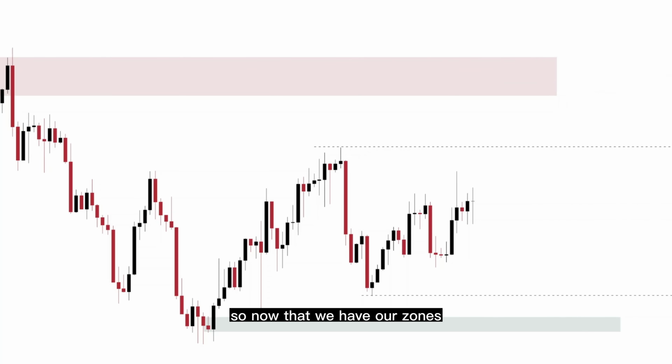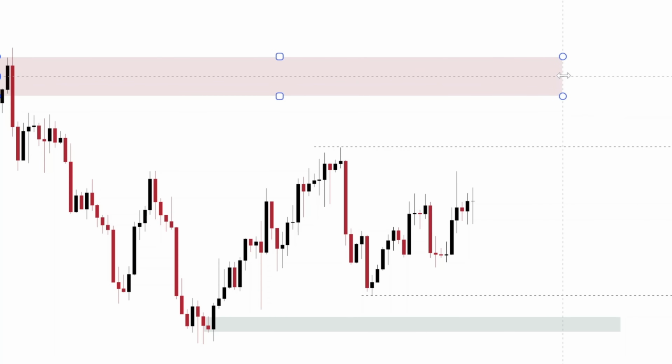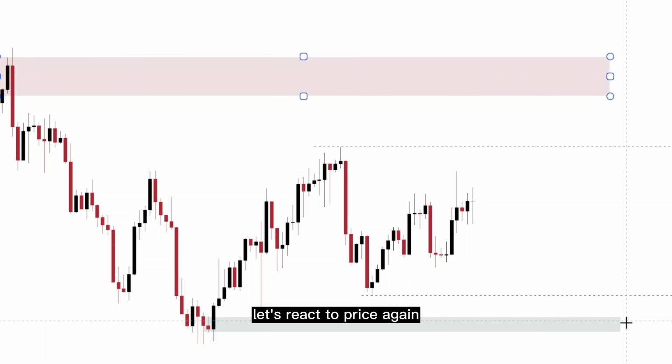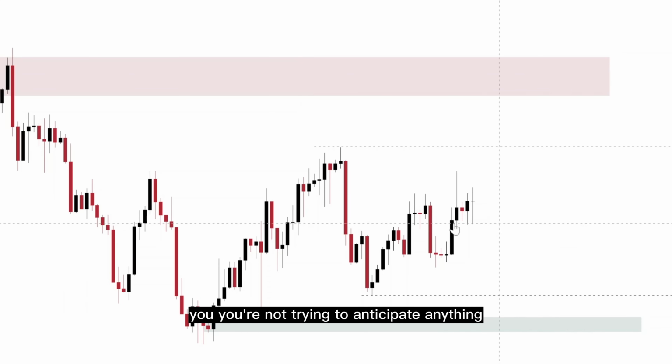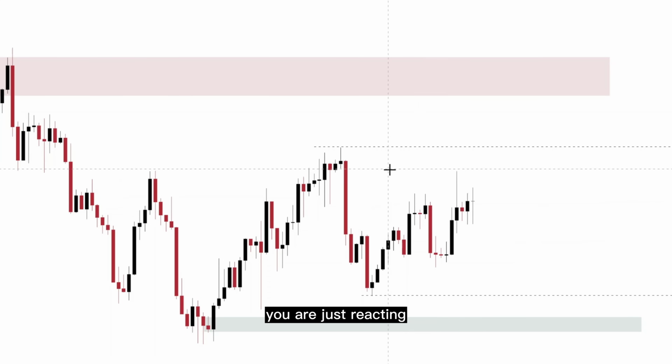So now that we have our zones, let's react to price. Again, you're not trying to anticipate anything. You are just reacting.